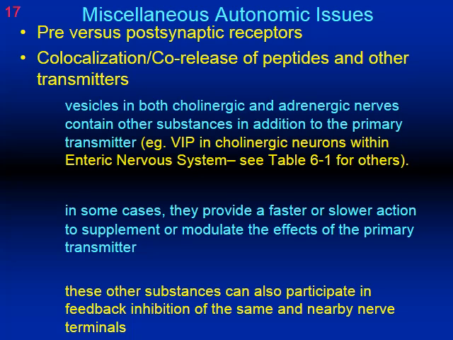It's not moving. So you see things in the gut, in these vesicles, like vasoactive intestinal peptide, neuropeptide Y, substance P, or sometimes serotonin. You see these other chemicals that are sometimes called non-adrenergic, non-cholinergic.